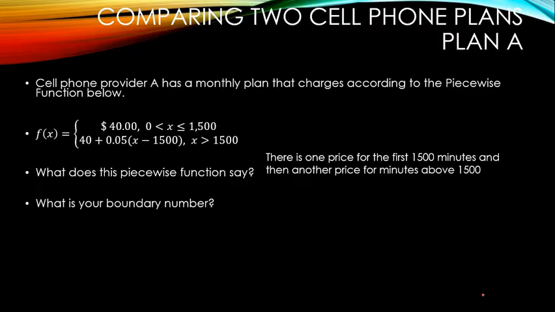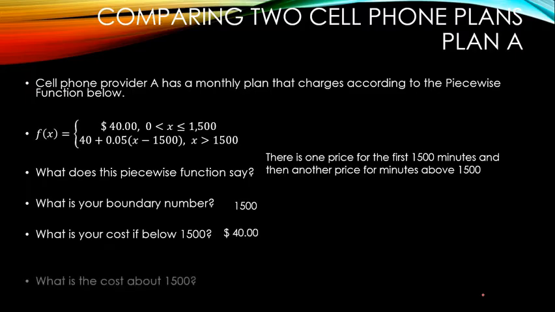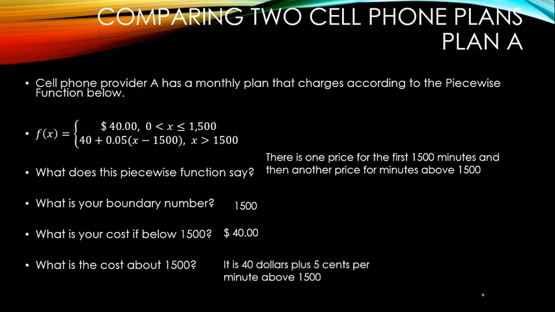What is our boundary number? It's 1500. What is your cost if you're below 1500? 40. What is the cost above 1500? It's $40 plus 5 cents per minute above 1500.